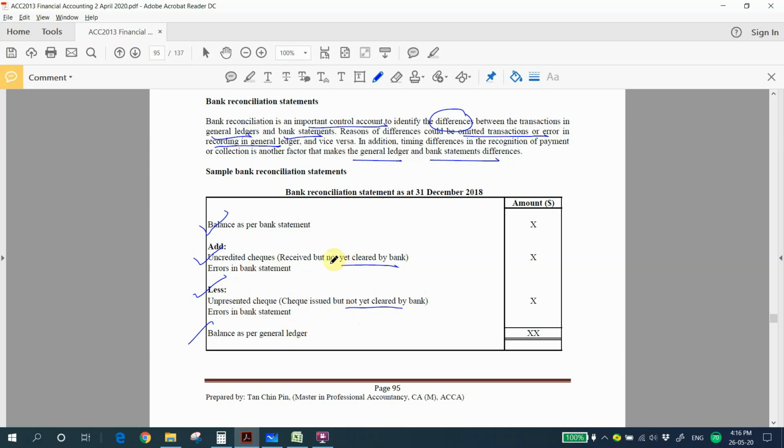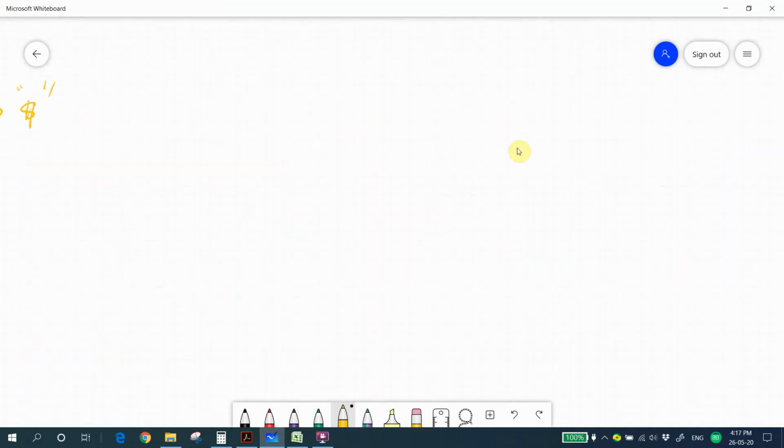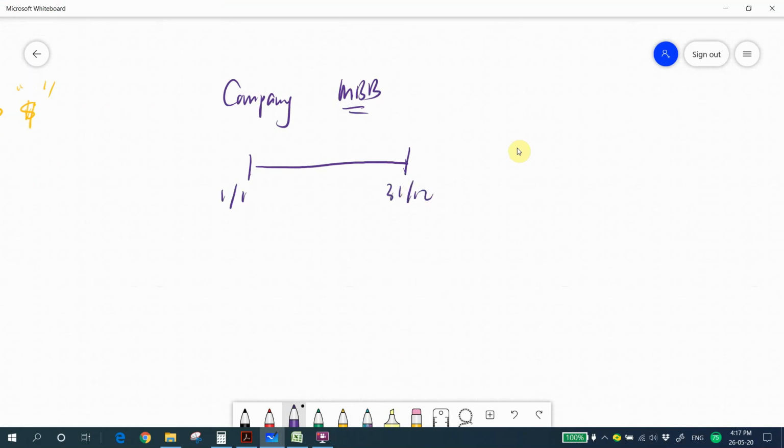So why do we have a situation where checks are received but not yet cleared by the bank, and checks issued not yet cleared by the bank? For explaining this, we can use a diagram. For example, your company is using a Maybank account, and the accounting period for the company, we assume, is from 1st January to 31st December.